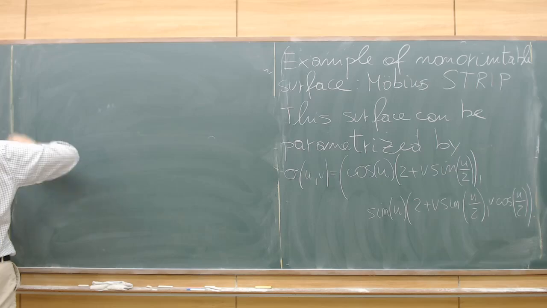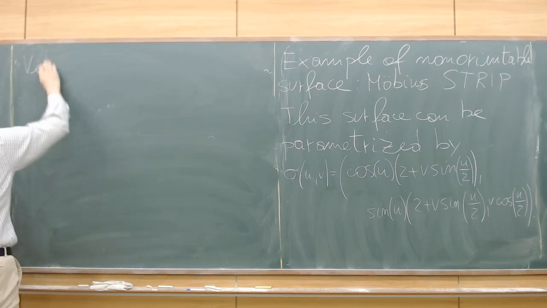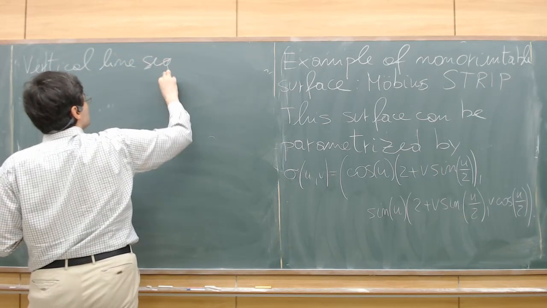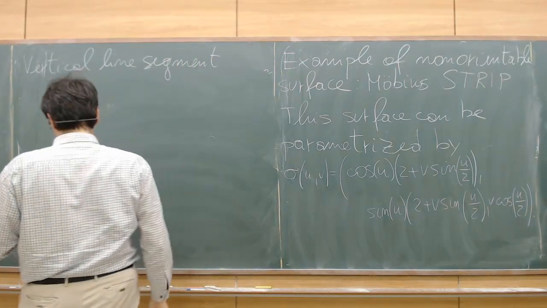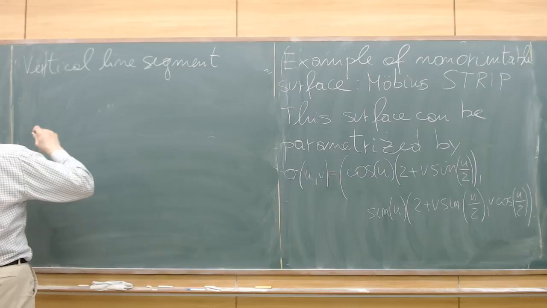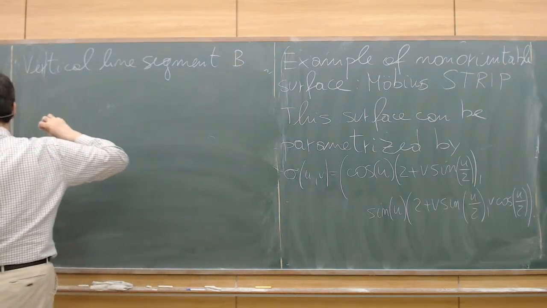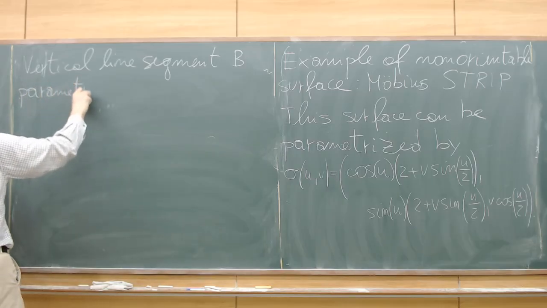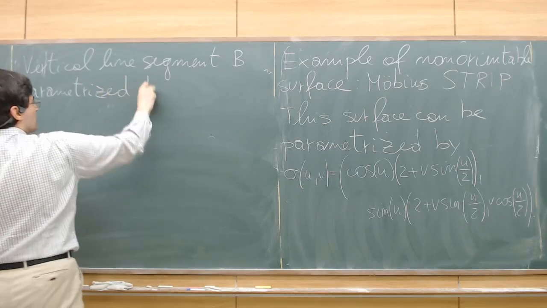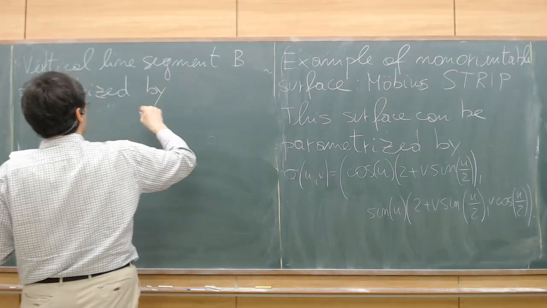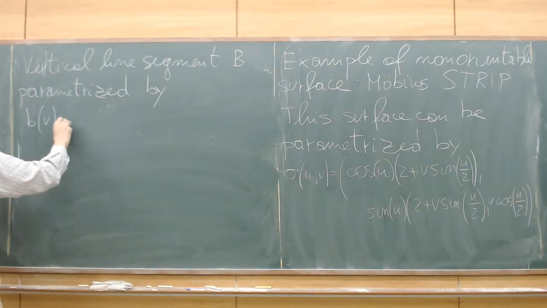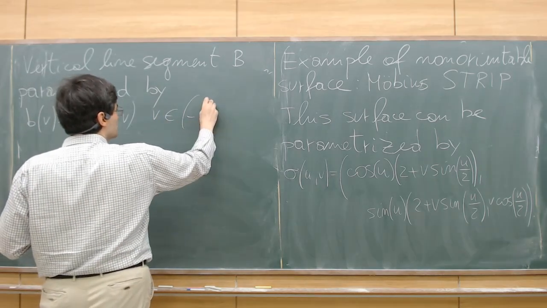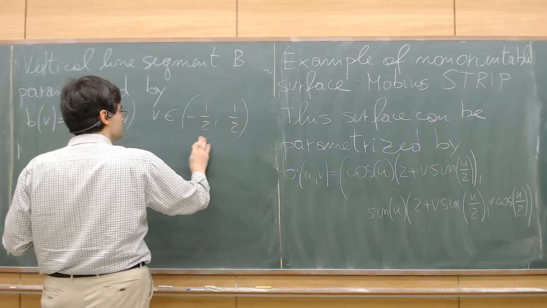Consider a vertical line segment denoted by B, parameterized by the map B(v) equal (2, 0, v), with v in minus 1/2, 1/2.